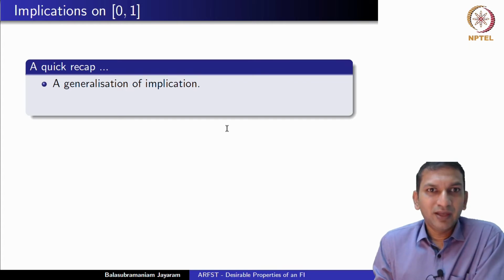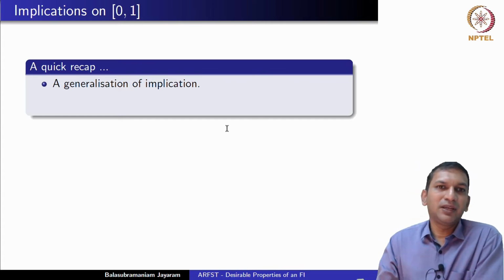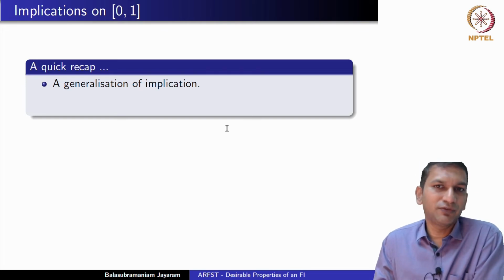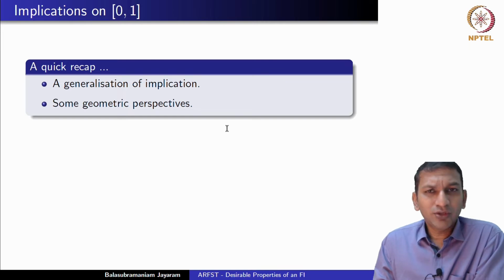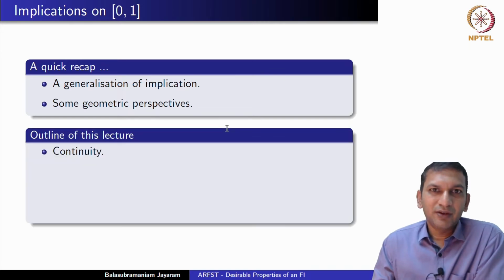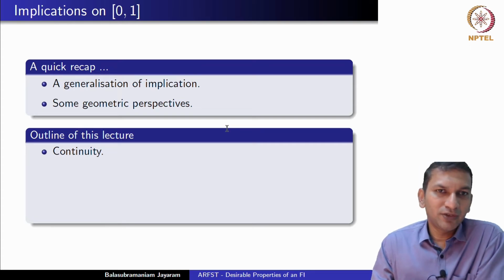As was told, we saw a generalization of properties from the classical implication to that of fuzzy implication. And that's how we have come up with an axiomatic definition of a fuzzy implication. We also saw some geometric perspectives. In this lecture, we would like to elucidate some desirable properties of fuzzy implication.